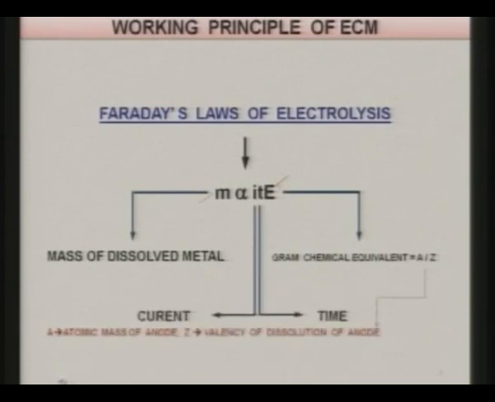Now, the chemical equivalent of the anode material, E, is equal to A by Z, where A is the atomic mass of the anode, that is the workpiece material, and Z is the valency of dissolution of the anode. It is not necessary that one particular material is dissolving at a particular valency only.